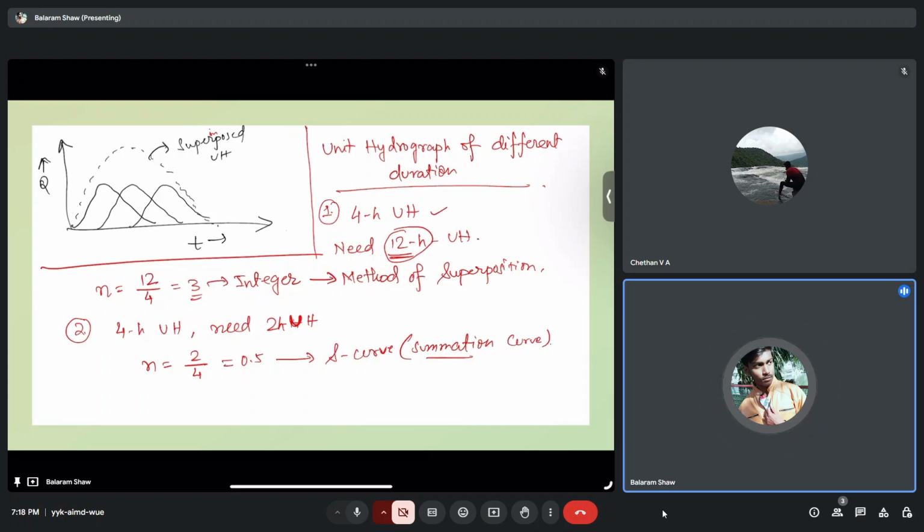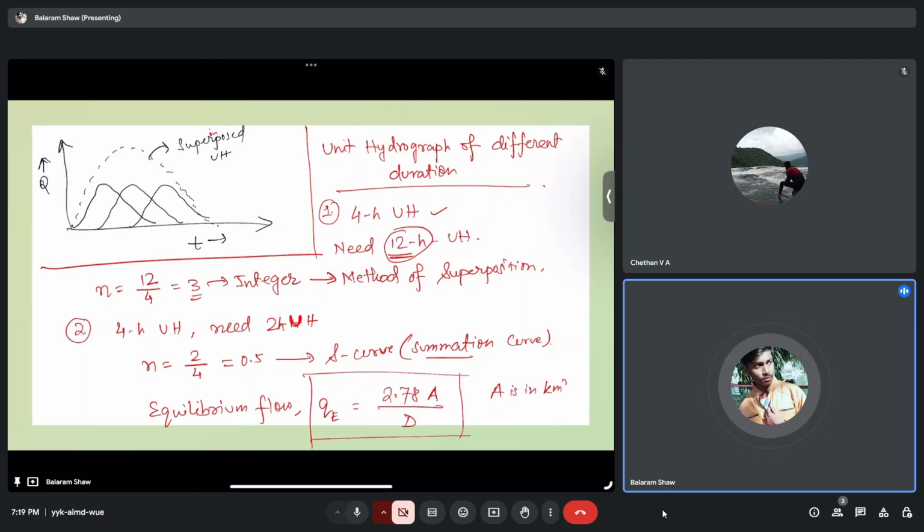So the S hydrograph or S curve is a hydrograph which is produced by continuous effective rainfall at a constant rate for an infinite duration. How to get to this S hydrograph we have seen in the lecture. If you just want to know the equilibrium flow, then we can use this formula, that is QE equals 2.78 A by D, where A is the area in kilometer square and D is in hours.